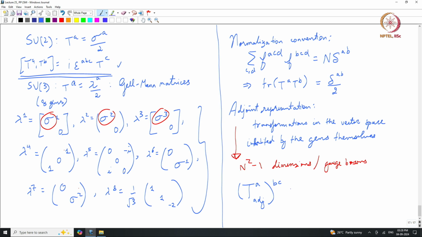In the adjoint representation, the generators are the structure constants themselves. So see, now I am labeling with an A, not only with just one A, but also with the B and the C, right? So it does come with all these indices. Those are the generators. So let's give an example.